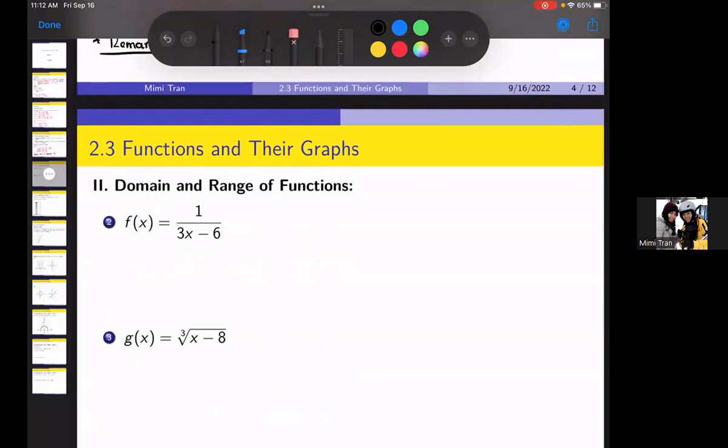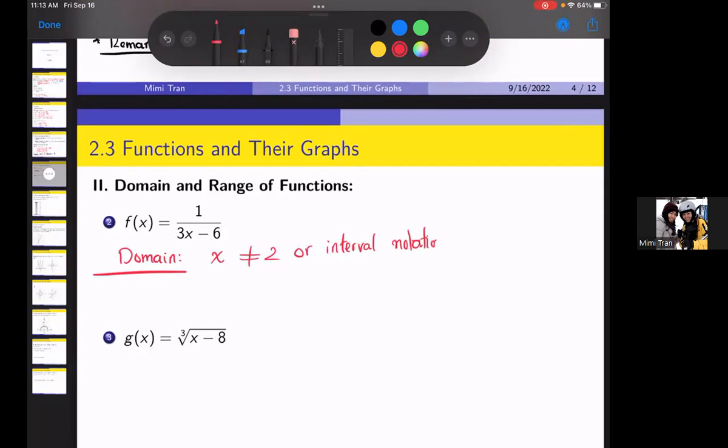Okay, you should be able to tell me right away. Number 3, number 2, what's the domain? It's a rational expression, so x cannot be 2.